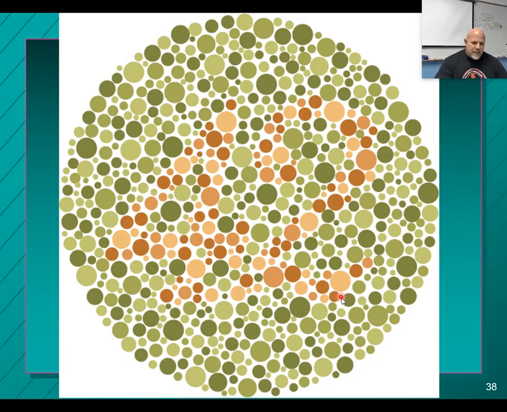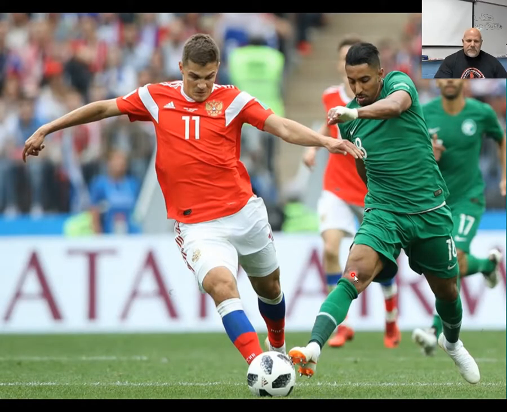This is a color blindness test. People who have normal color vision can see the 42 pretty easily, and people who do not have normal color vision just see a whole bunch of spots. I always think this is interesting.